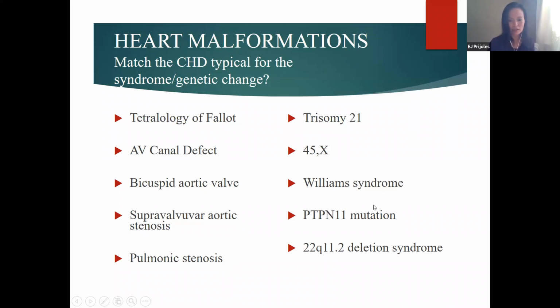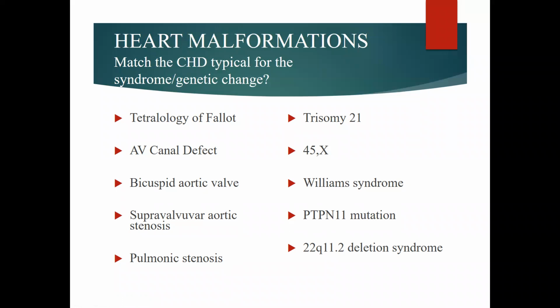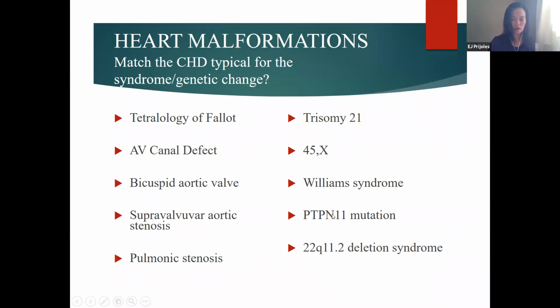Does anybody know what that gene is associated with? Is that Alagille? Not Alagille, but you can see pulmonic stenosis with Alagille. So this one is a condition with short stature.